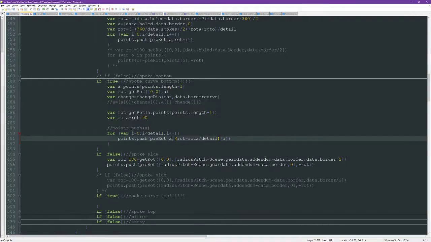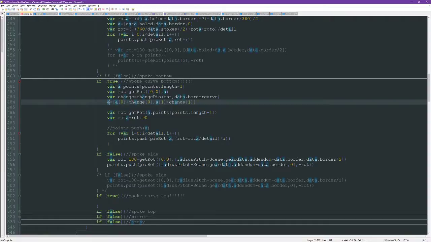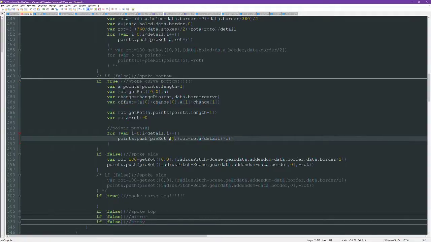Because where's our 0 point? We need our 0 point to be here. Offset is equal to that. A0 minus offset 0. 0 is the 1.